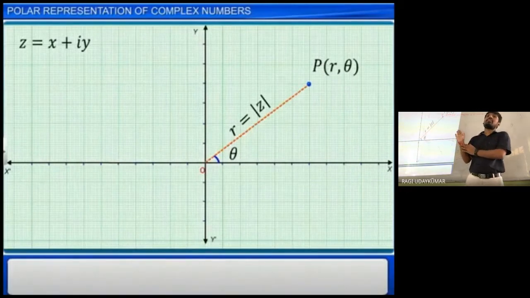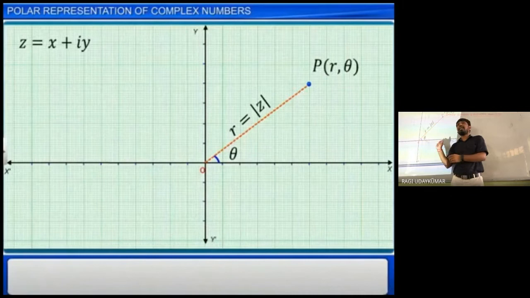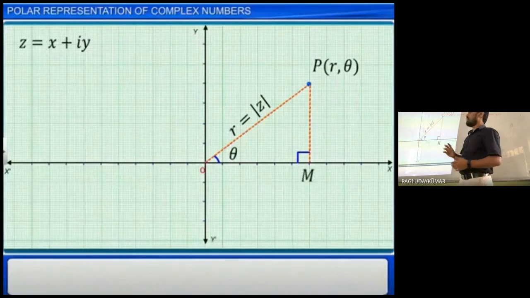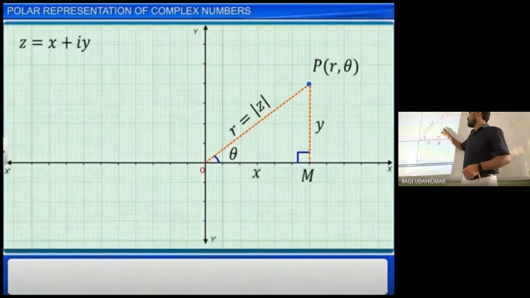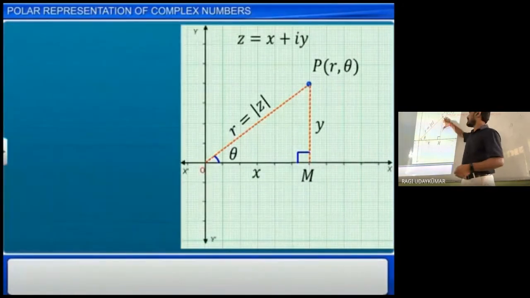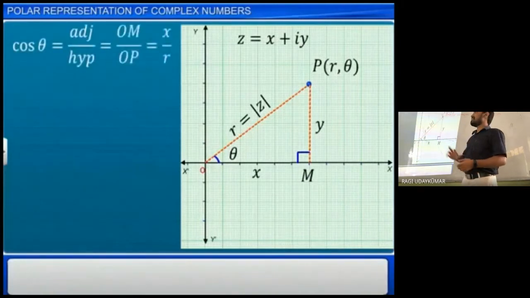If the real axis is the initial line and it makes an angle theta, then drawing a perpendicular line gives the point y here. This distance is y only, as this point is (x, y). So cos theta is adjacent by hypotenuse.